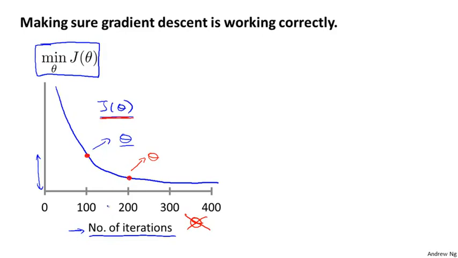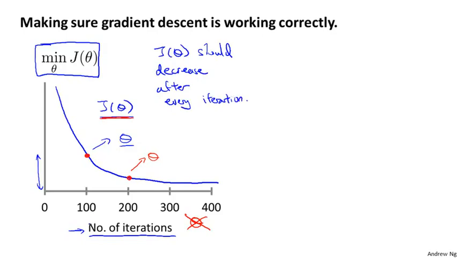So what this plot is showing is the value of your cost function after each iteration of gradient descent, and if gradient descent is working properly, then j of theta should decrease after every iteration. And one useful thing that this sort of plot can tell you is that in the specific figure that I've drawn, by the time you've gotten out to maybe 300 iterations, between 300 and 400 iterations in this segment, it looks like j of theta hasn't gone down much more.